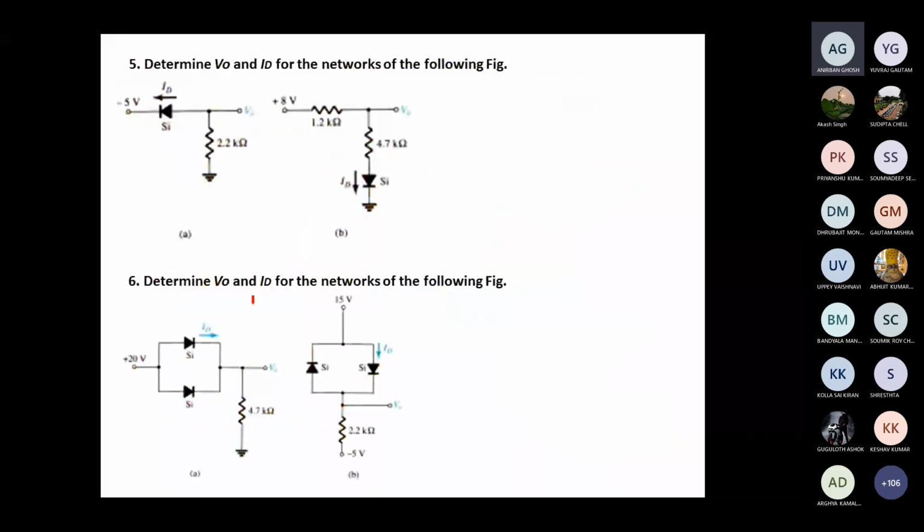So can you try to solve this one first? Sir, in the first there is minus 5 volt. Yeah. For silicon, knee voltage is 0.7 volt.